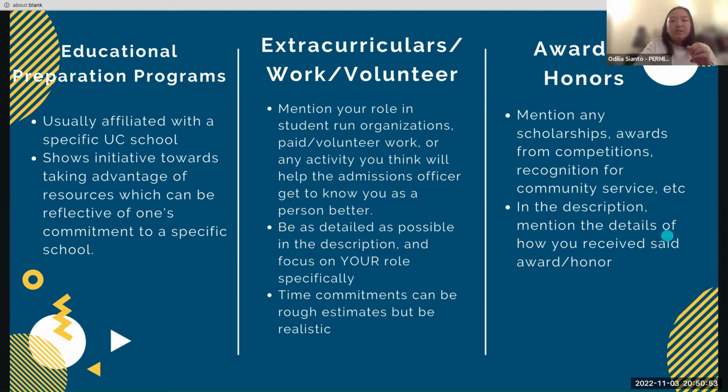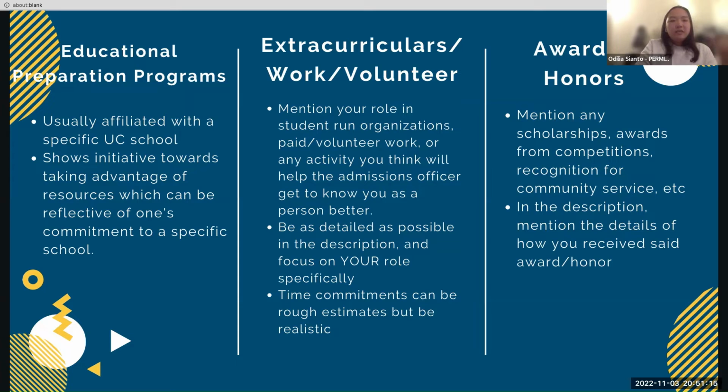What I wanted to mention was that in those descriptions, you want to be as detailed as possible, because you want to assume that the person reading your application knows nothing about what you've done. So don't say, oh, I was the president of AGS, and that's it. Tell them what AGS is, what this honor society is. Don't use acronyms before you explain what they are.